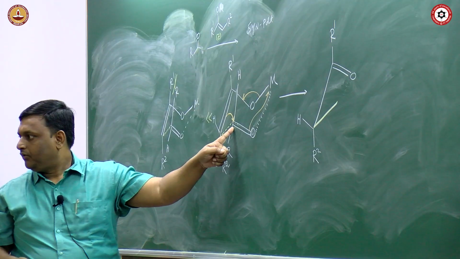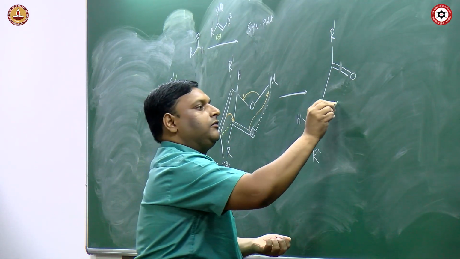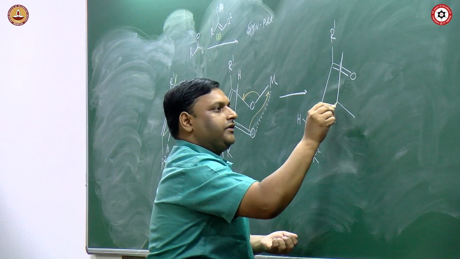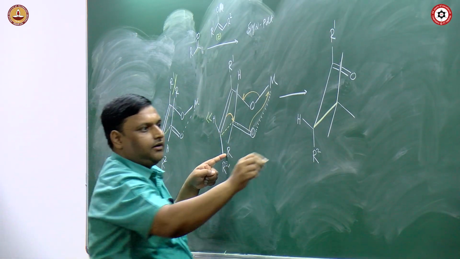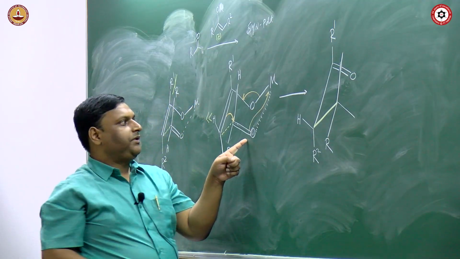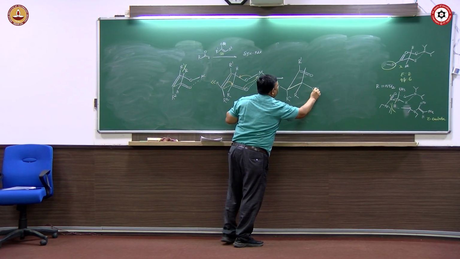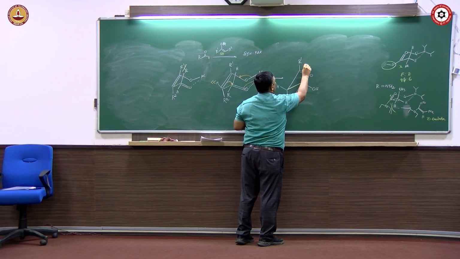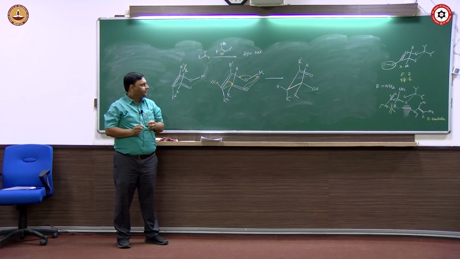From that bond, 3 other bonds are there. So, one is going up, one is going that way, and one is going this way. This is the R. This becomes an OH, and this is already the H. This is going to be formed, okay.